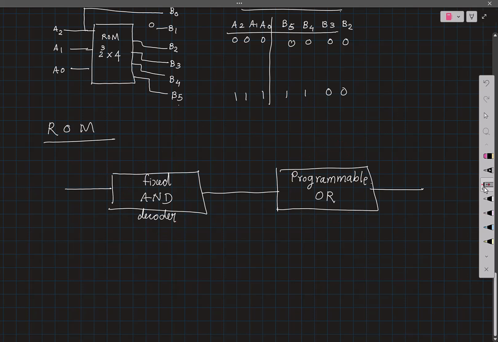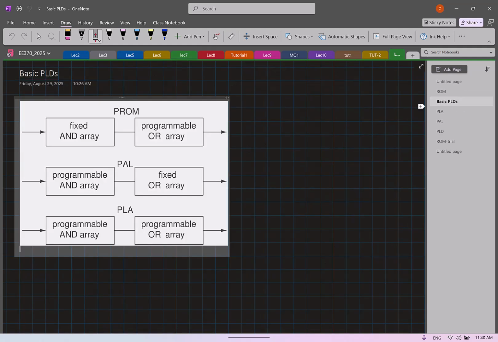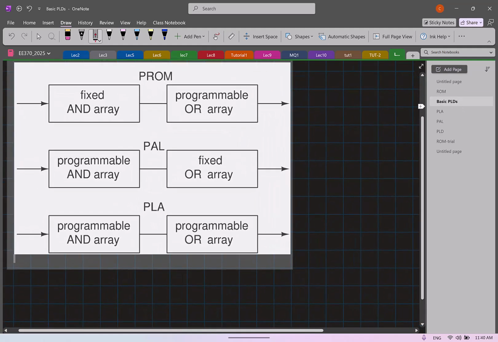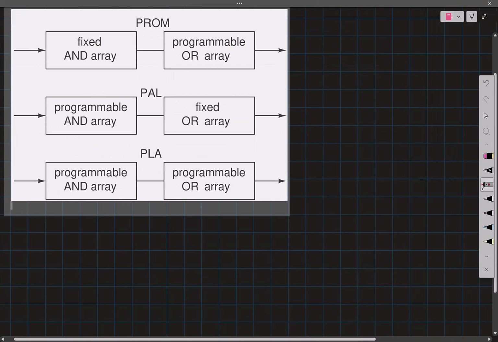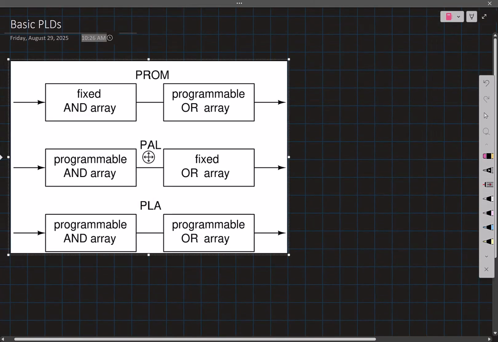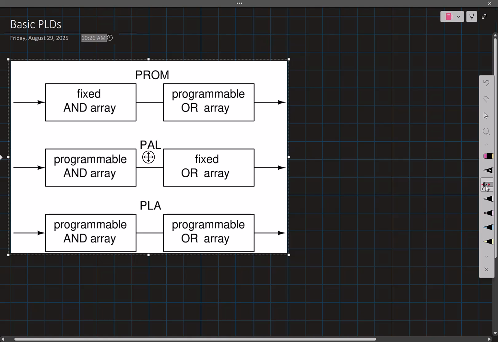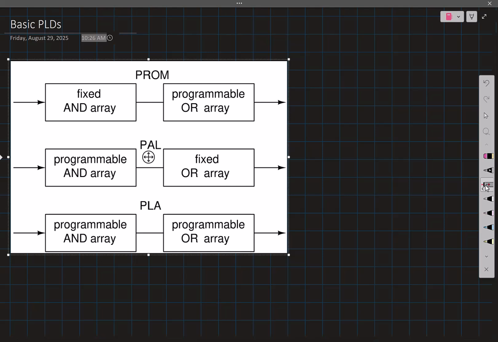All of these ideas already exist and they have very specific names. When you use a fixed AND array followed by a programmable OR array, you are dealing with a read-only memory. In particular, we would like to deal with a programmable read-only memory so that we can put in the data set that we want.